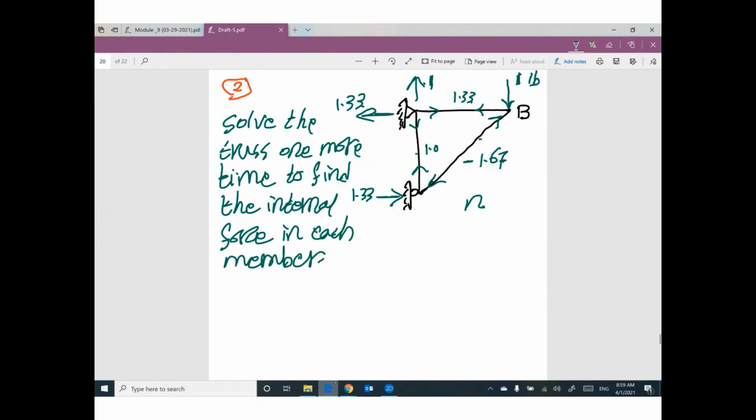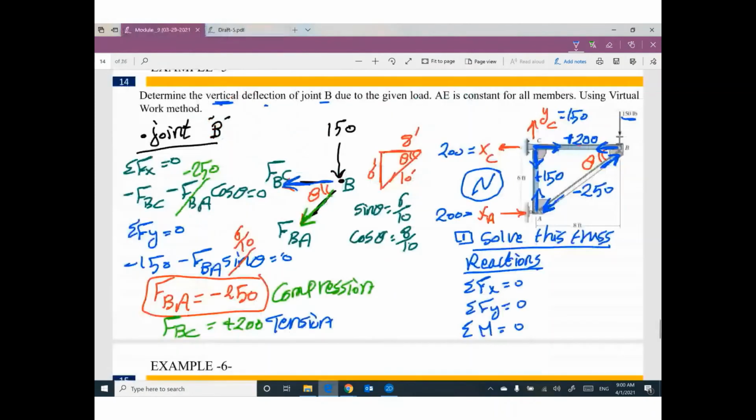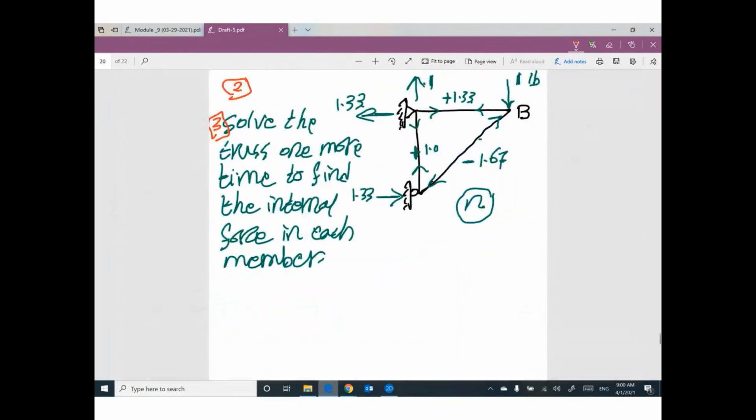These internal forces, tension 1.33, tension 1, negative 1.67, I will call small n. Any question so far? This is the 3rd step. So I solved the truss 2 times. The first time due to the given load. The second time when I removed everything and put the unit load.